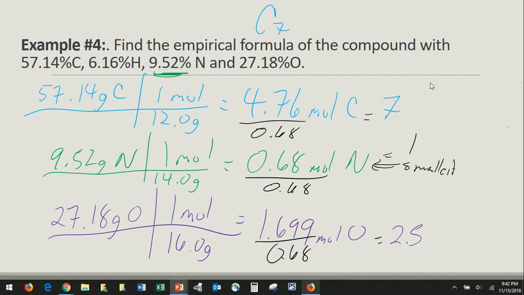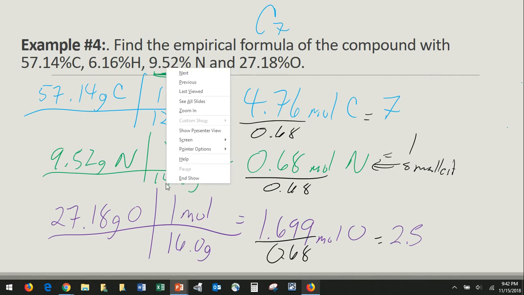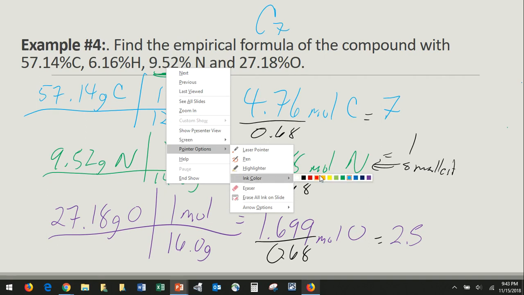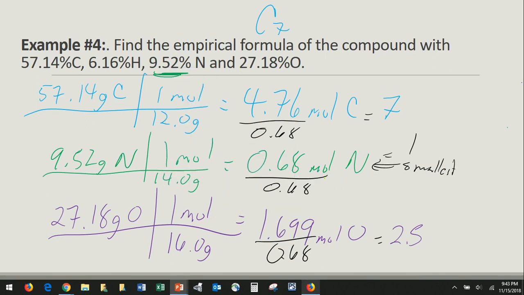I can still do this. Actually, I can do it pretty quick because hydrogen is pretty easy. So let's make hydrogen. Let's go with orange. All right, so hydrogen, I got to fit somewhere here. So using this one, 6.16%. All right, 6.16% becomes 6.16 grams. So we're going to convert that to moles.